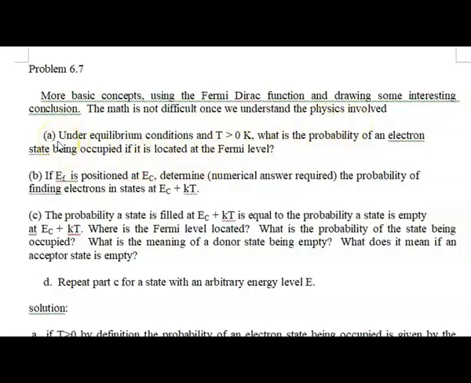So Part A says, under equilibrium conditions and above absolute zero, what is the probability of an electron state being occupied if that state is located at the Fermi level? And this is not really stated all that well. I should have said that the Fermi level is located at the electron state, because the Fermi level is the thing that moves.